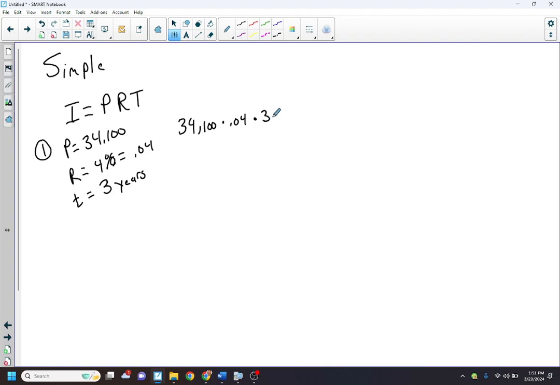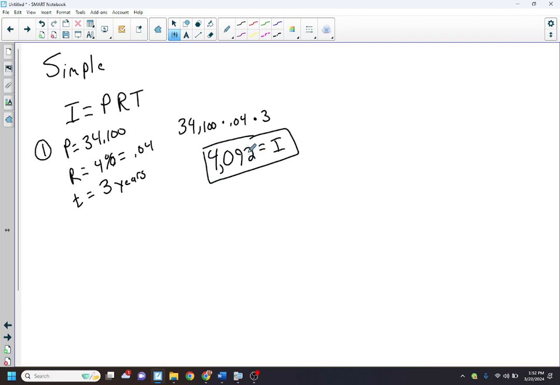This gets me my interest. So this is how much interest I earn. So I'm going to get 4,092 on my interest. No problem. That's my interest.